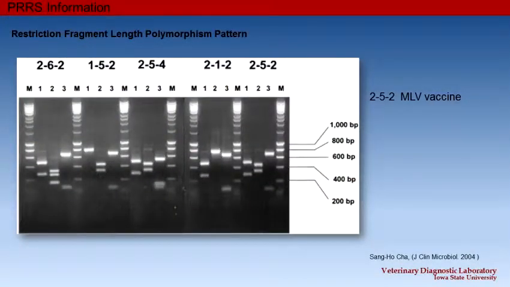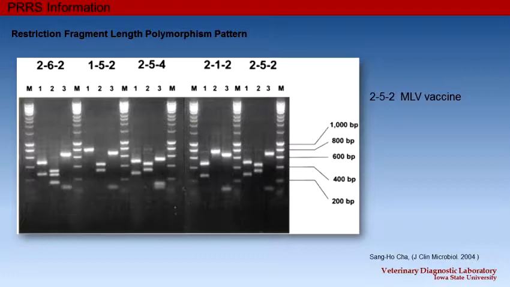Another question that we get frequently in the lab: what is the pattern? Clinicians need more information, not just the presence of the virus. They need more to battle this disease. So this is a technique that has been going on for a while. This is restriction fragment length polymorphism pattern. Basically, we cut the virus with different enzymes, and the enzymes cut the virus in little pieces.